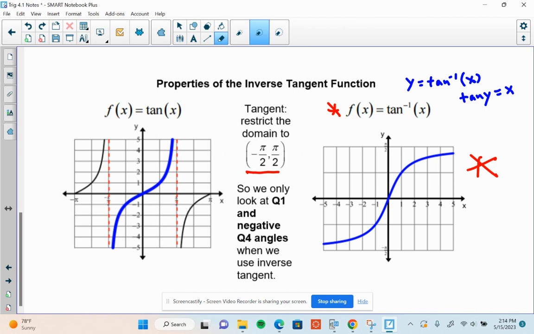So when we're doing the inverse tangent function, we only get angles that are between negative pi over 2 and pi over 2. So the inverse tangent function gives us angle values between negative pi over 2, right here, and positive pi over 2.